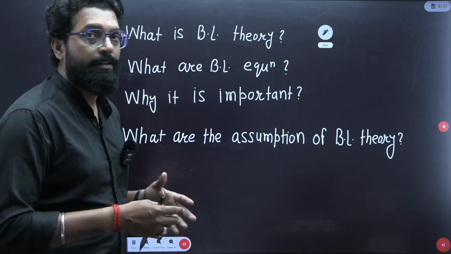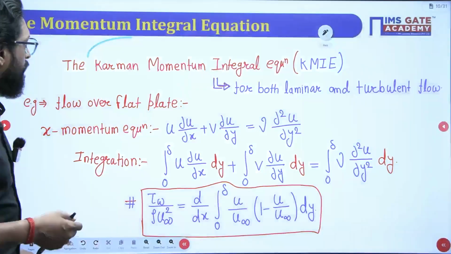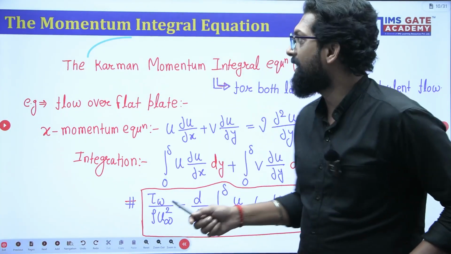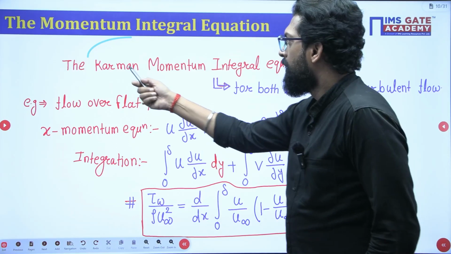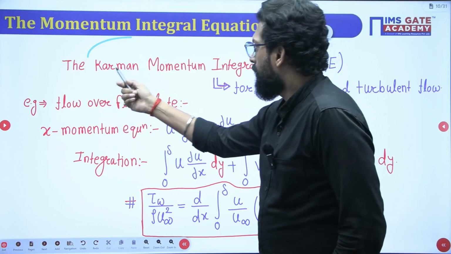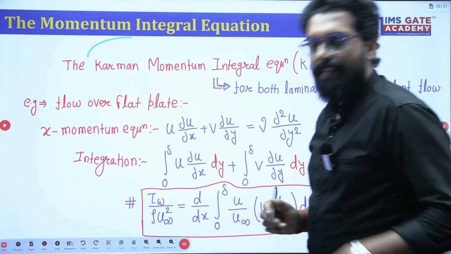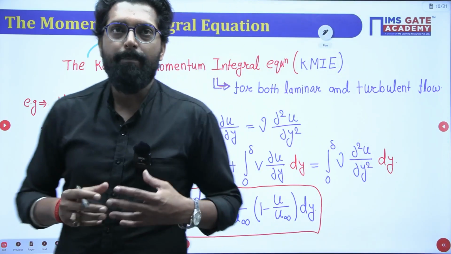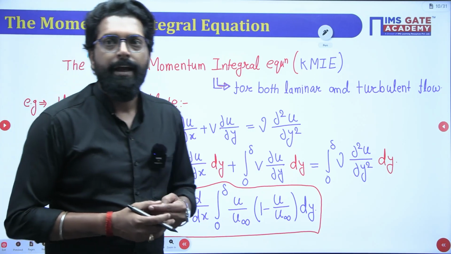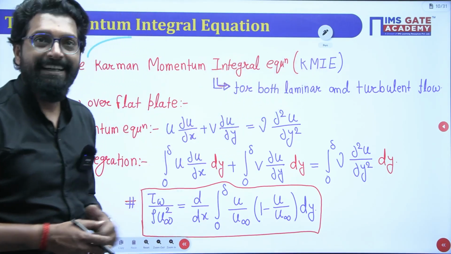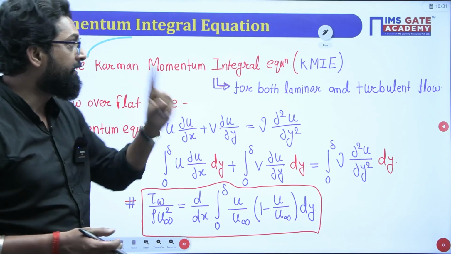Now we will discuss the 2nd method, that is the momentum integral equation. You know this thing, the momentum integral equation. Someone may ask you about the von Karman momentum integral equation. That means we find all the parameters related to the boundary layer according to the von Karman momentum integral equation.